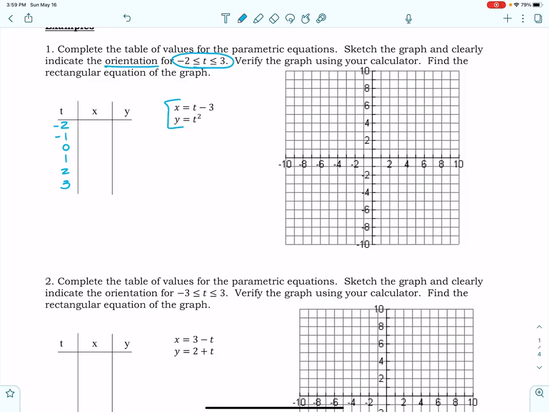That's all we're doing. So when t is -2, x is equal to -2 minus 3, so that's -5. And y, when t is squared, -2 is squared, that's 4. So I'm just going to fill in the table using the substitution into each of these for my x and y values. So what I end up with is these ordered pairs right here.